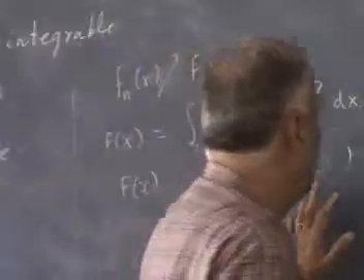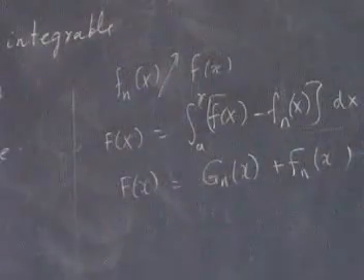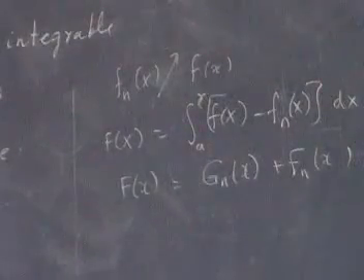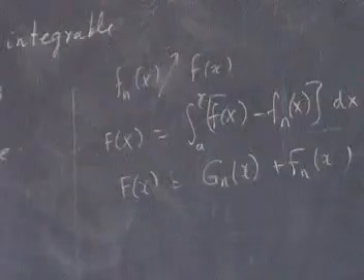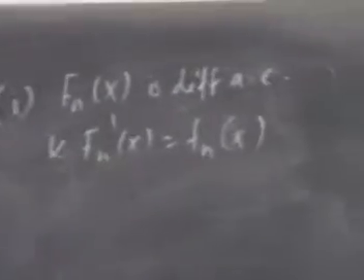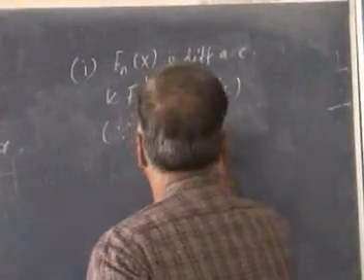Now, what are the things that we know? F_n(x) is differentiable almost everywhere and F_n prime(x) is equal to f_n(x) because of our theorem for bounded measurable functions. We had this one because f_n is bounded.